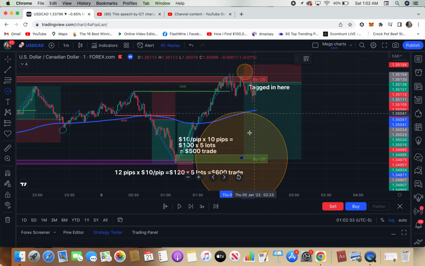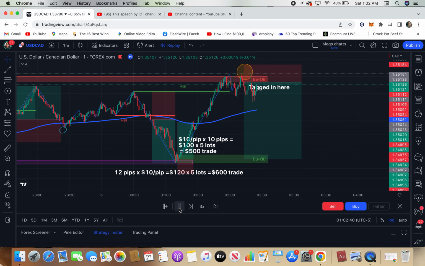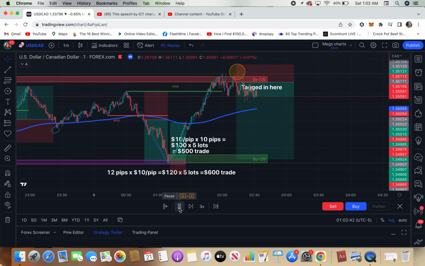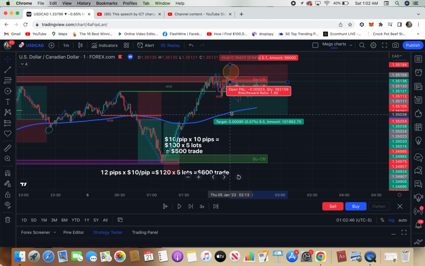As you can see, it went. It again tried to go through it. It could take us out. But if all you're looking for is 10 pips, there's your 10.